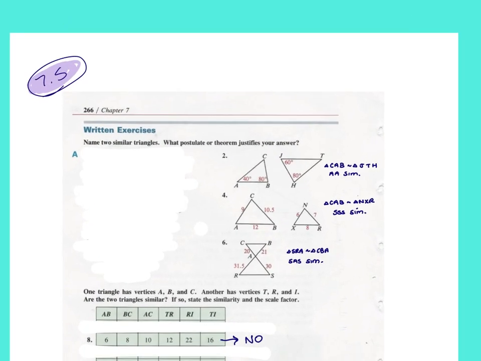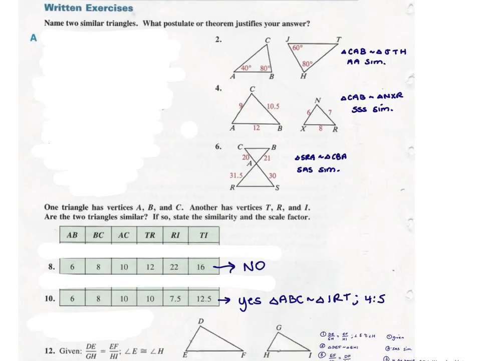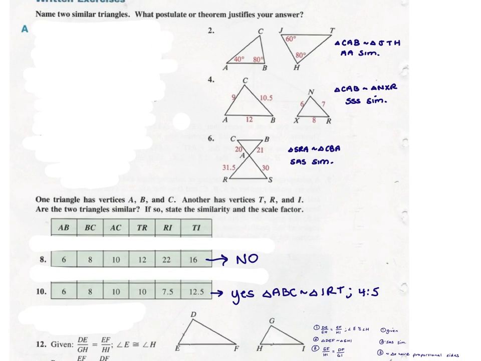Okay, then came 7.5. So 7.5, number 2 is angle similarity. Number 4 is side similarity. And number 6 is side similarity. Eight and 10, we're comparing those side lengths.